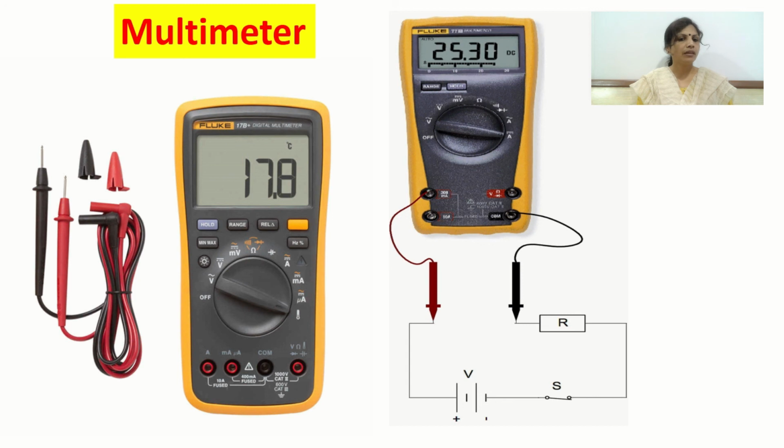Everything we can measure with the help of a multimeter. The red and black colored wires are called the probes of the multimeter. And down below you can see some slots wherein you have to fix these probes and find the value of current, voltage, resistance in the circuit.